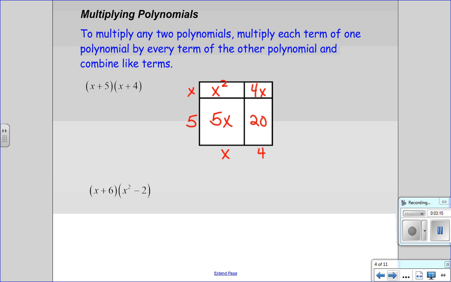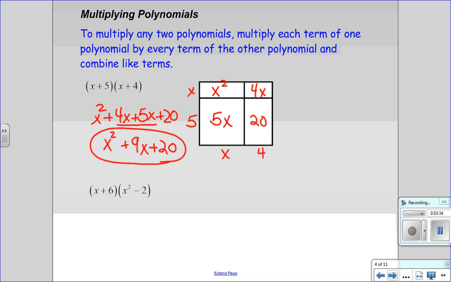So that would be x squared plus 4x plus 5x plus 20. And then when I combine my like terms at the end, x squared plus 9x plus 20. That's the product of these two binomials.